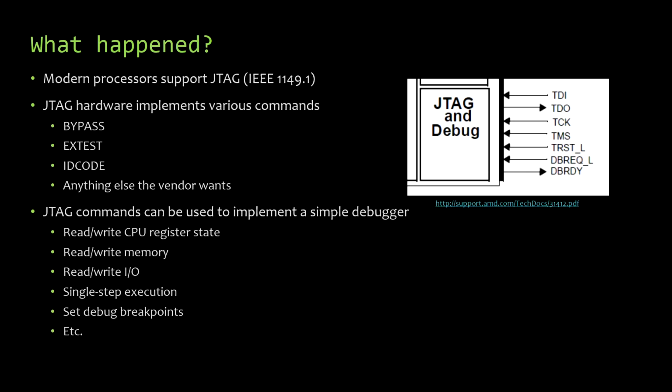Processors have to implement certain JTAG commands that are part of the standard, things like bypass and ID code, which are typically used for verifying that soldered connections on a board are valid. But IEEE also left the spec open to add whatever other proprietary commands a vendor wants. And so you can imagine that if you're debugging a CPU, you might want to have your debugger commands, right?